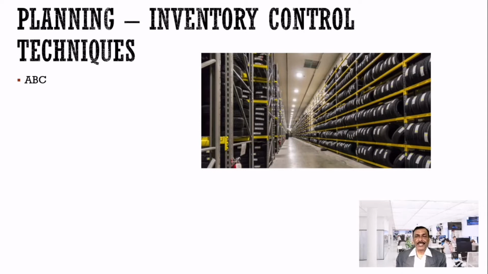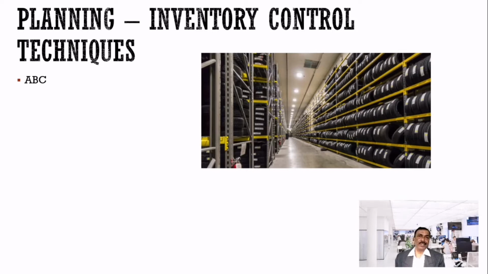You may get 80% of your profit from 20% of your customers. Maybe 80% of your spend is happening on 20% of your suppliers. Maybe 20% of your inventory contributes 80% of the value. So various extensions are possible in the same context.